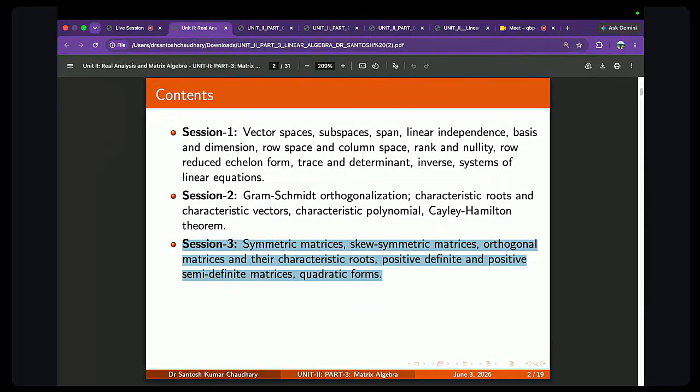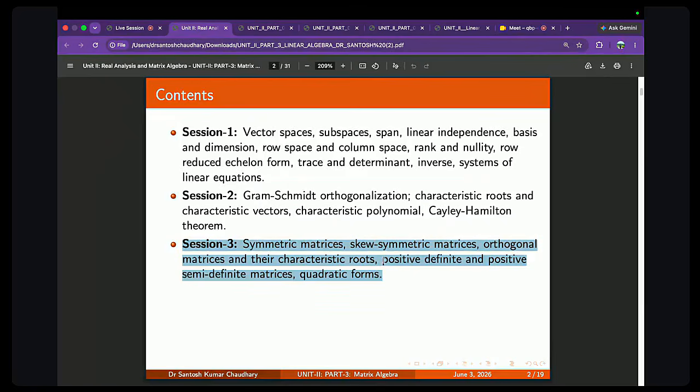Symmetric matrix: A transpose is equal to A. Skew symmetric: A transpose is minus A. Orthogonal: A times A transpose is the identity matrix. Characteristic roots: a symmetric matrix has all real eigenvalues. Skew symmetric has eigenvalues either 0 or purely imaginary. Orthogonal matrices have eigenvalues plus or minus 1. That is a property.